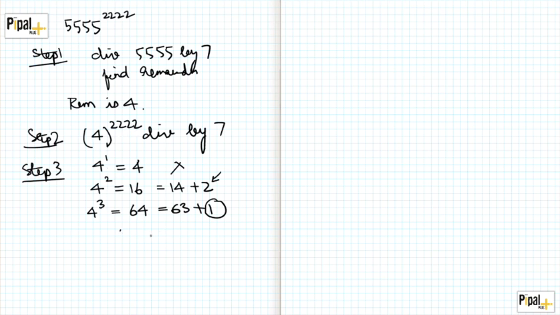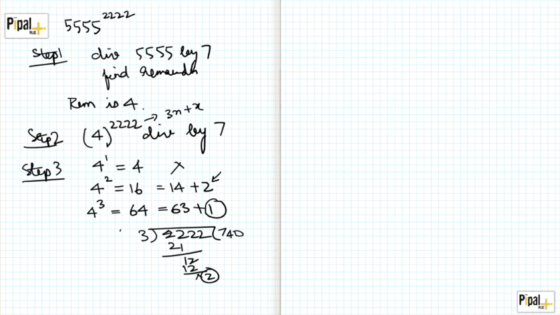So let's divide 2222 by 3 to convert 2222 into 3n plus something form. So when I divide this by 3, I get 3 7s are 21, 3 4s are 12 and I get a 2 remainder, right?